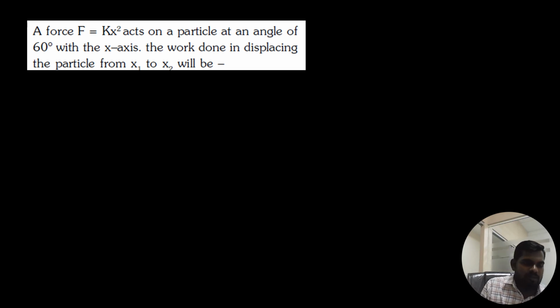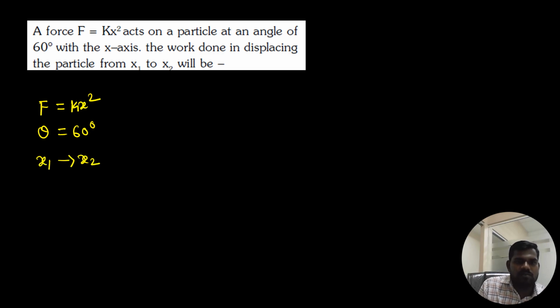Next, see, one more question is given in this case. Force is given here: force F is equal to k into x square, and theta is given as 60 degrees with the x-axis, and the work is displacing from x1 to x2.